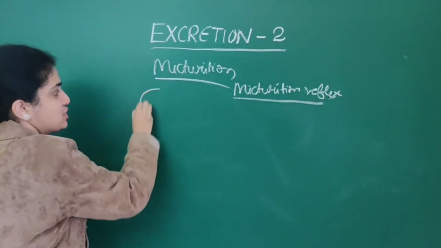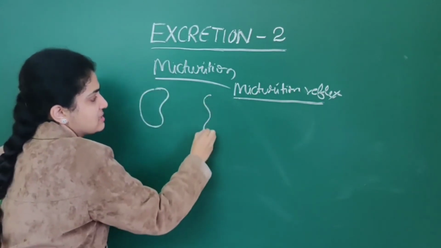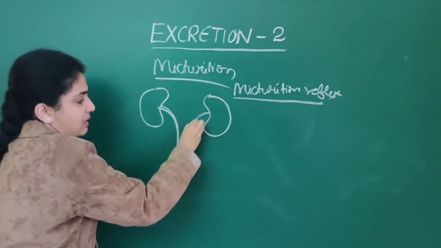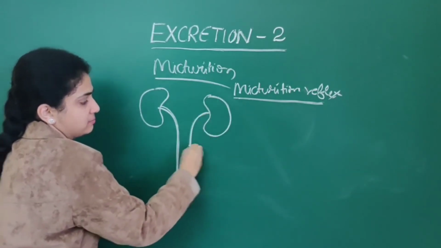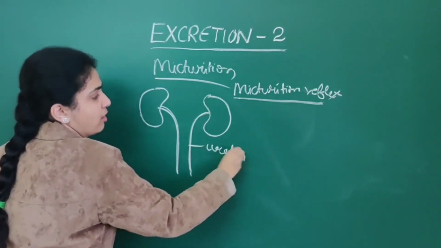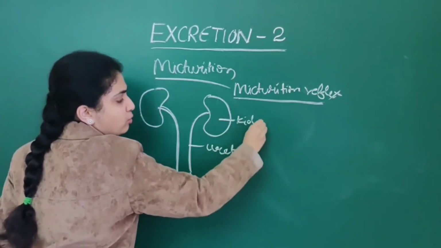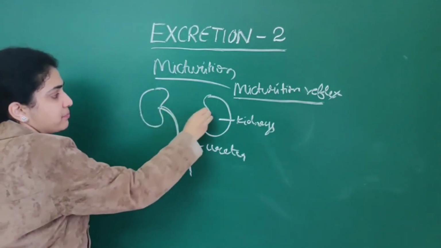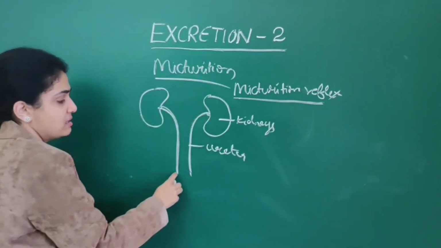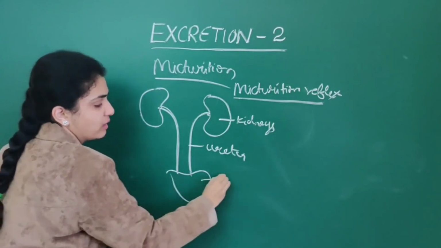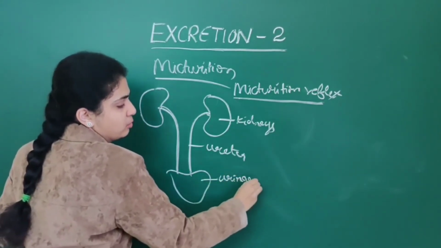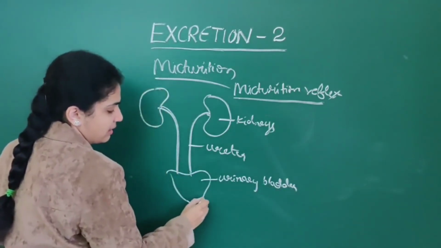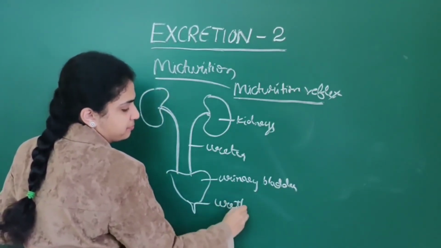Initially, from the kidneys there arises a pair called the ureters. Normally the kidneys are two in number. From the kidneys, through the hilum, there arises the ureter. This ureter ends in the urinary bladder, and from the urinary bladder there arises the urethra.